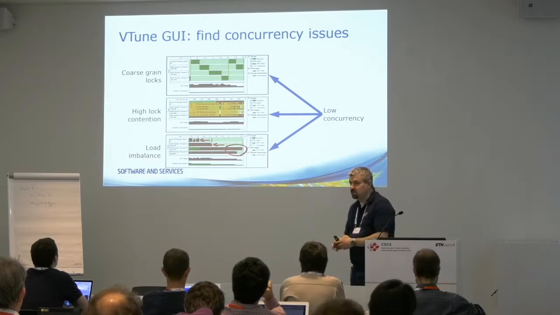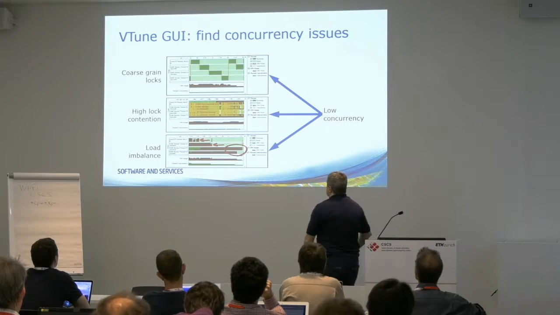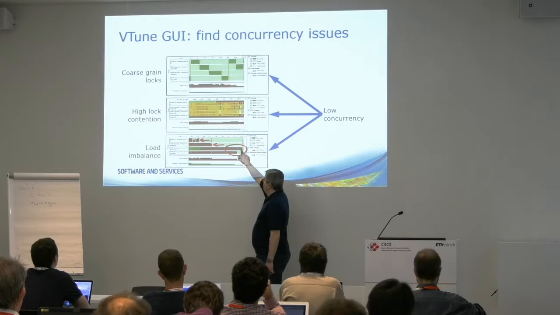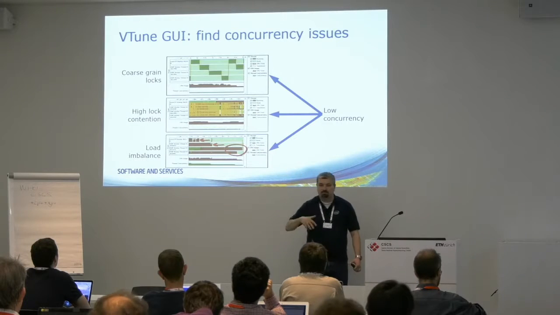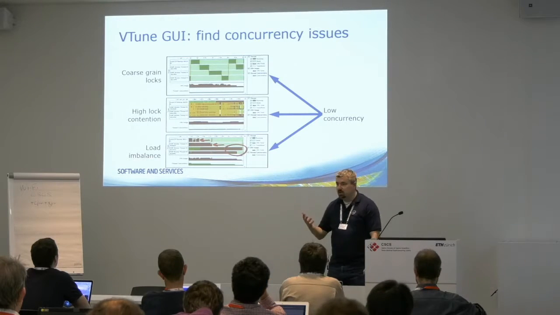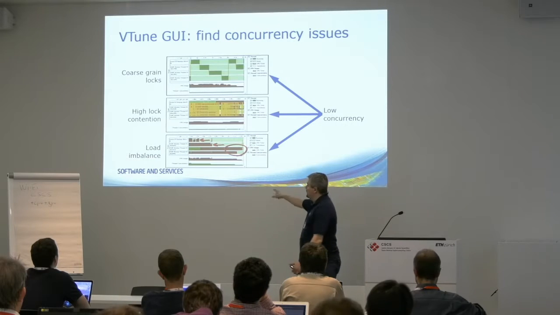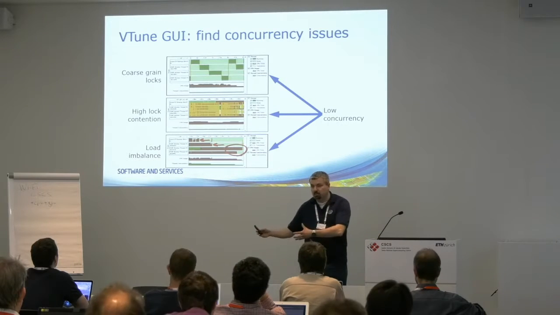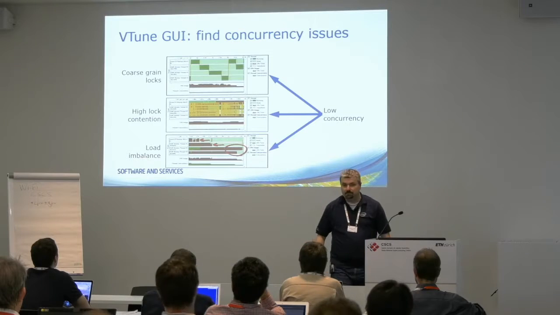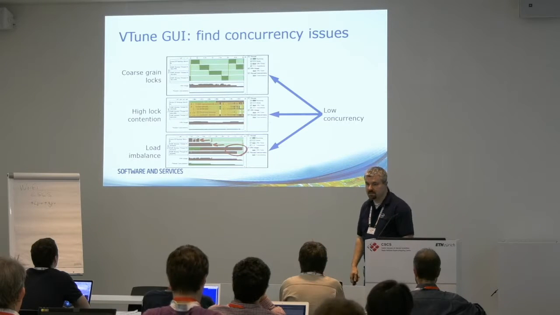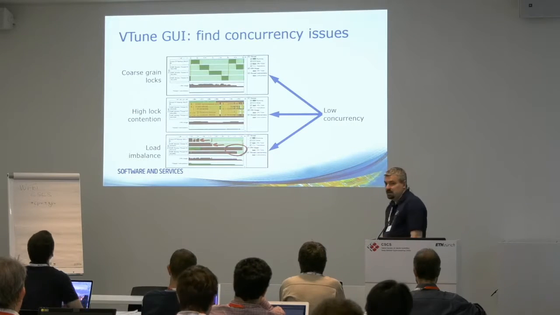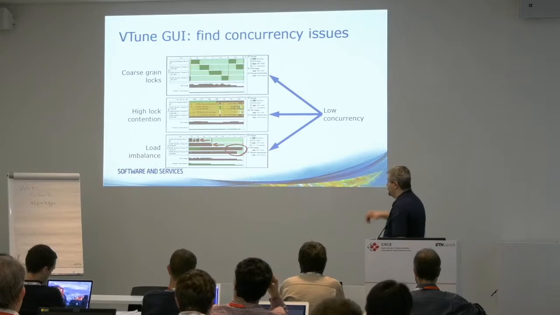And then you can use VTune to find out if this thread here is a thread that is very busy because it has a lot of work, or if it's just a straggler thread that is working, for instance, on remote memory and therefore is a slow thread. Okay, that's then easier to see because you can then focus on the individual threads.